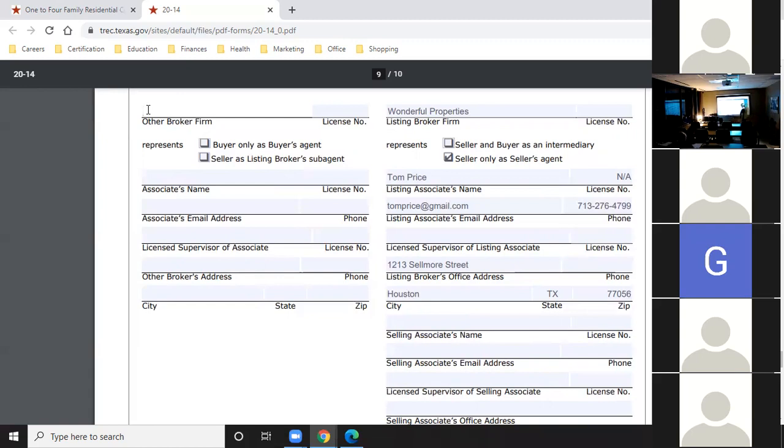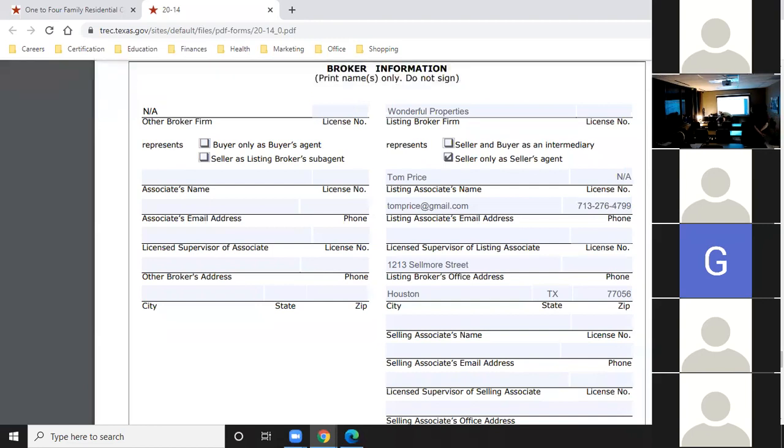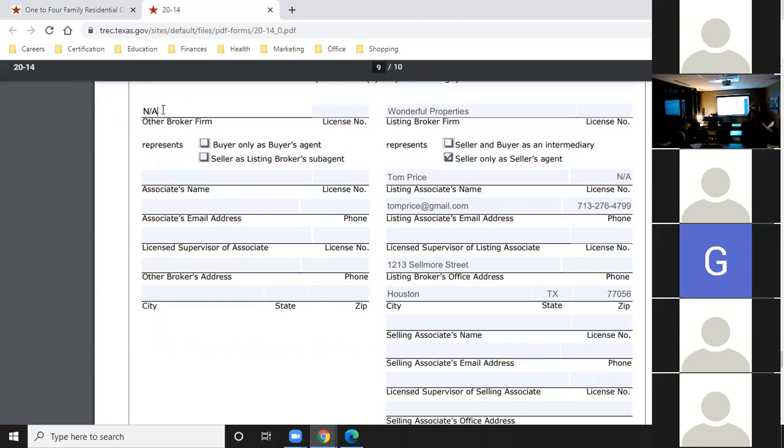Okay, what's the firm name? There is no name because it says that you are the selling agent. But it's with I Sell More Properties. So I Sell More Properties would actually be the firm name.